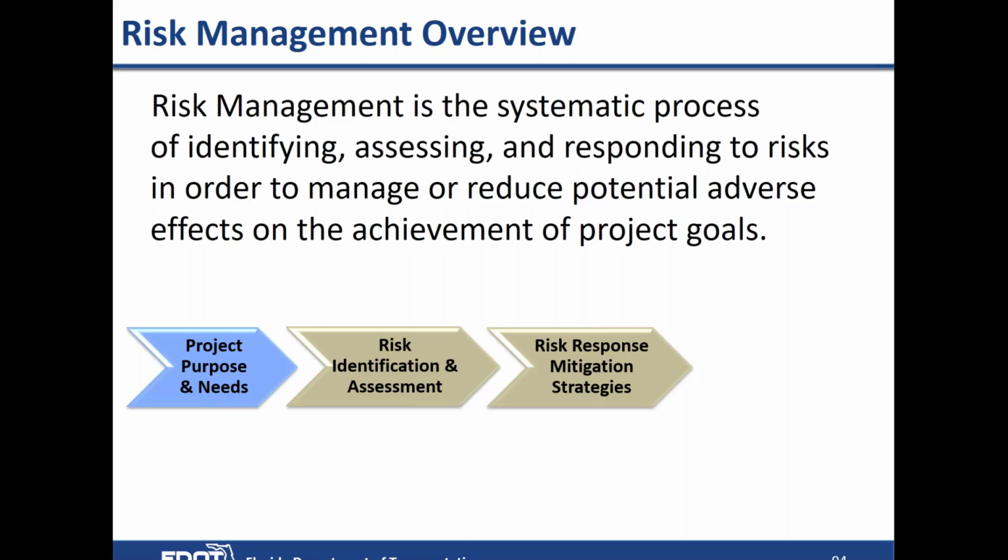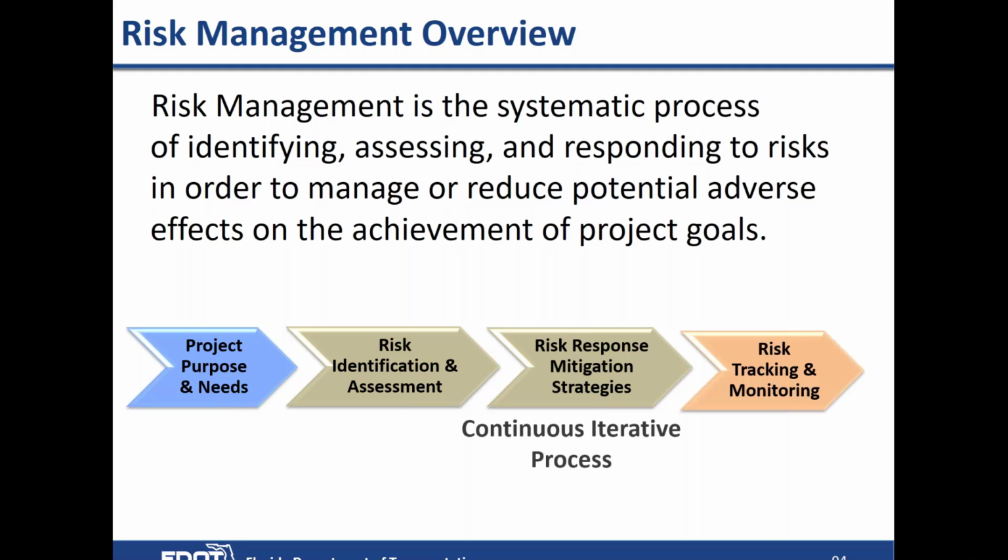You go through risk identification and assessment. You develop mitigation strategies to respond to those risks, and then you monitor and track to see how that process works. And the important point here is that it's an iterative process. It's not just a one-time thing. It's continuous on a project.